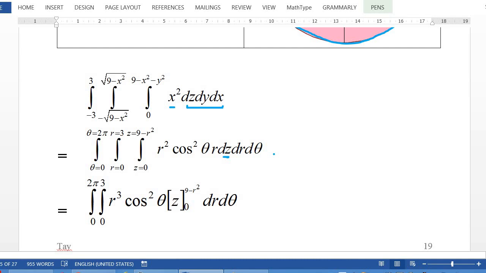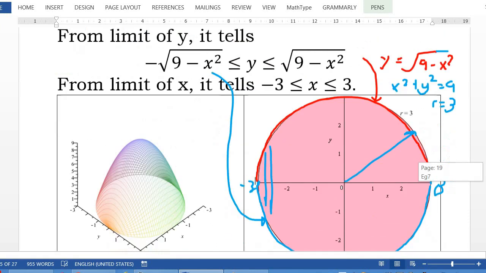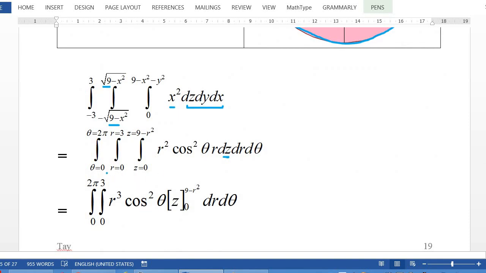Polar coordinates in 3D become cylindrical coordinates. So z goes from 0 to 9 minus r squared. From dy, when you square, you get r equals 3. And for the limit for x, this is a full circle, that's why theta is from 0 to 2 pi.